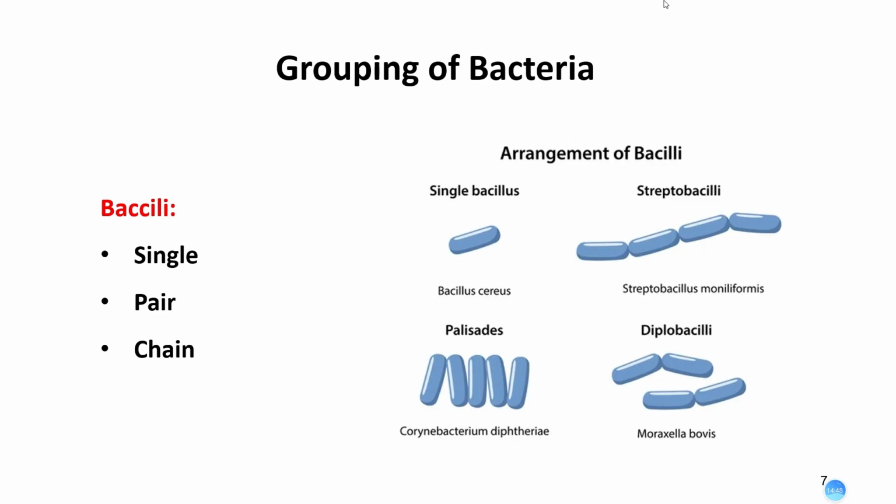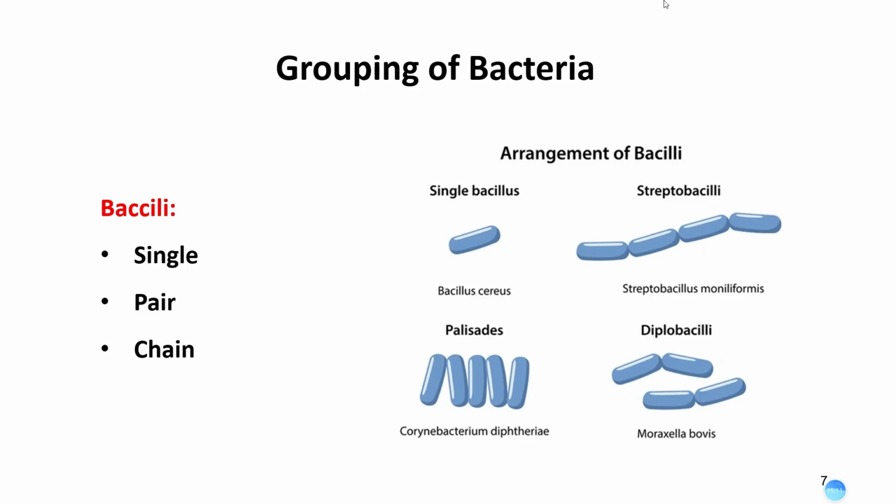And that's for coccus. For bacillus, some of them prefer to live as single cells. So it can be single, or in pairs, or some like to form a long chain. This one we call streptobacilli.